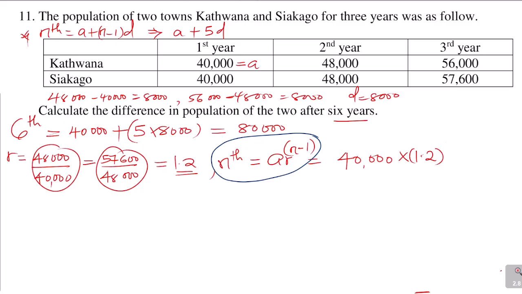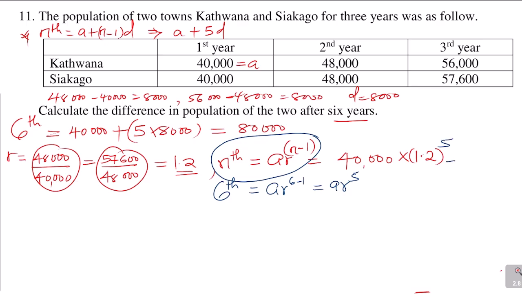So in this case, n will be 6, we are getting the sixth term, which represents the population after 6 years. So n minus 1 will be 6 subtract 1, and this will give a r raised to power 5. So we take a to be 40,000, then multiply by r, the common ratio, 1.2, everything raised to power 5.